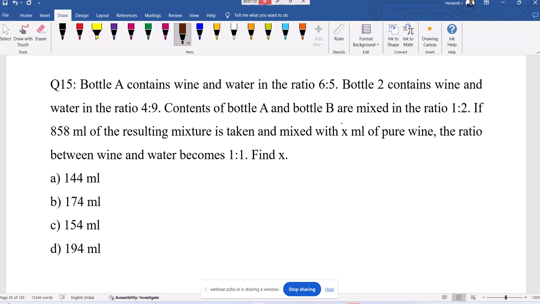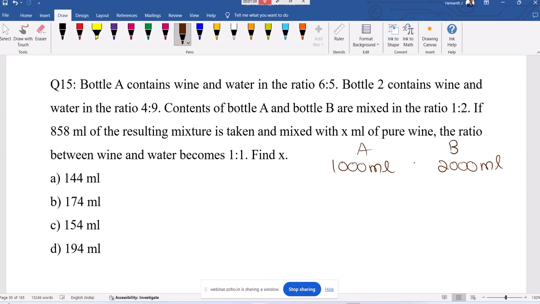Now listen. Here you are mixing in 1:2 ratio, so let's say you take 1000 ml. In terms of ratio this is K, 2K, but for easy understanding, let's say 1000 ml and 2000 ml.